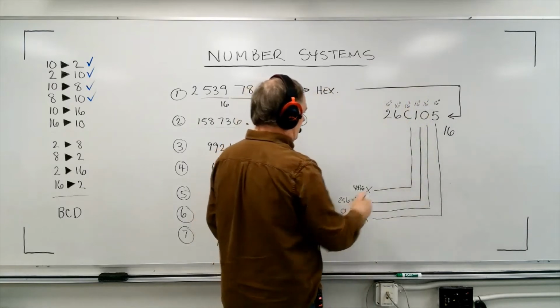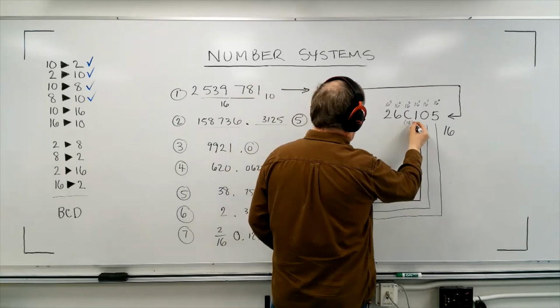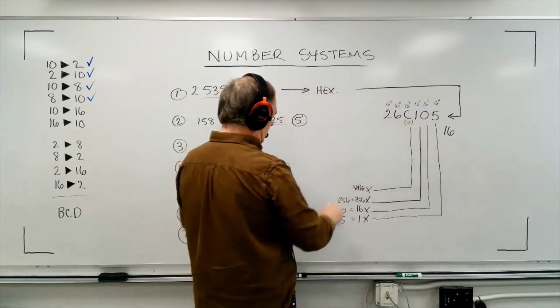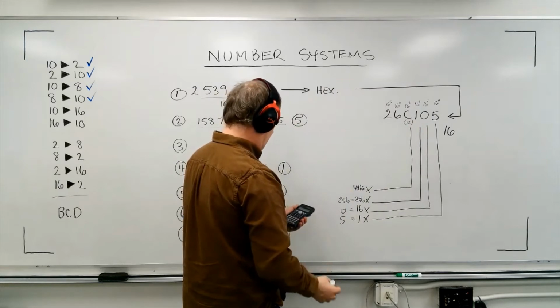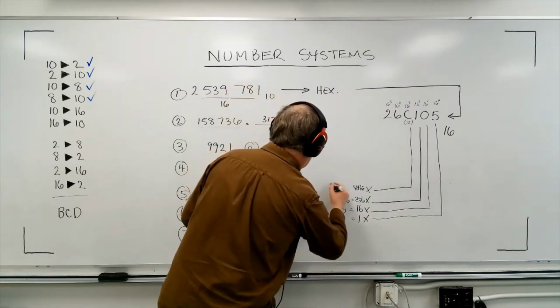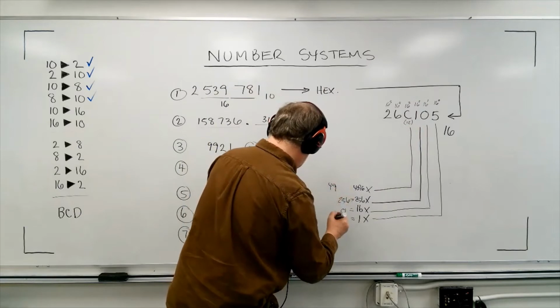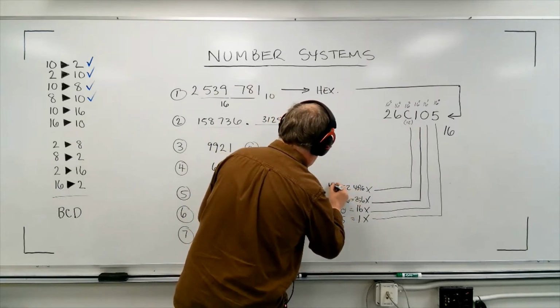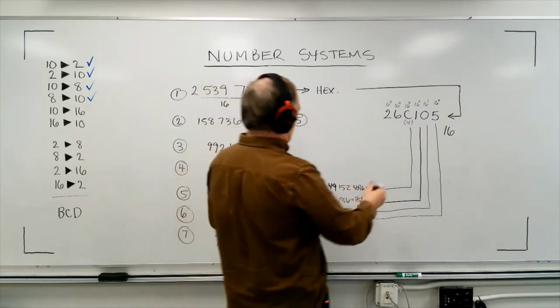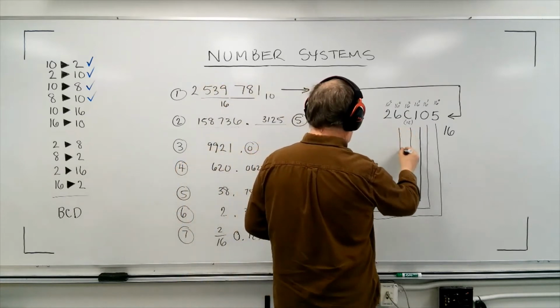C is, remember, 12. So what is 12 times 4096? And we have 49,152. Very good.